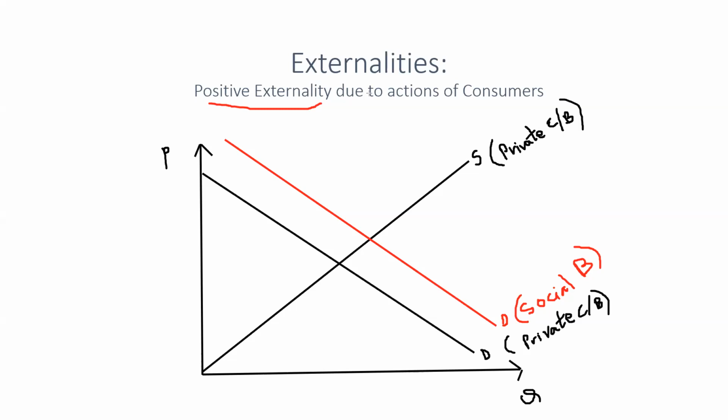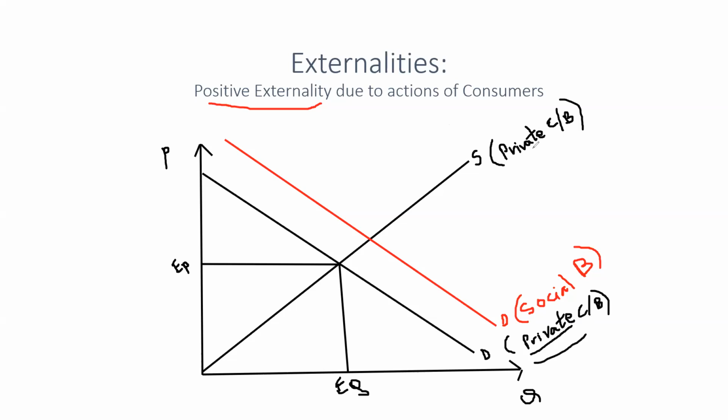Okay, now here comes an analysis of what we have just drawn. You see, previously when we were only concerned about the private benefit, this used to be the equilibrium price, and this used to be the equilibrium quantity. So I'll write equilibrium price and equilibrium quantity. But this is when we are only considering the private benefit to us.